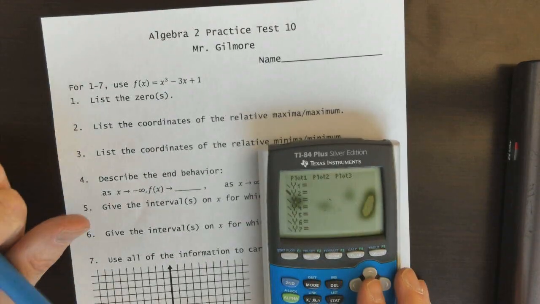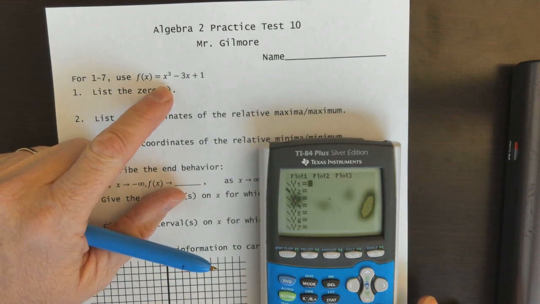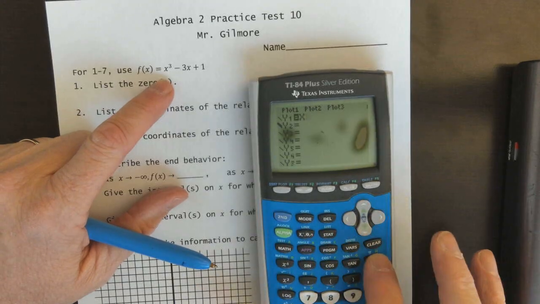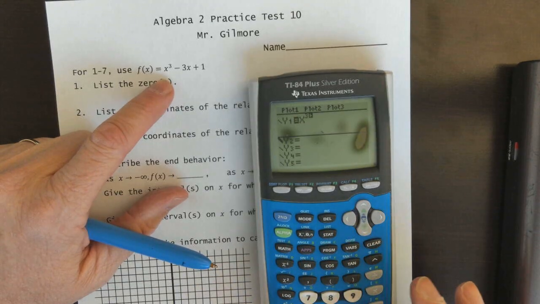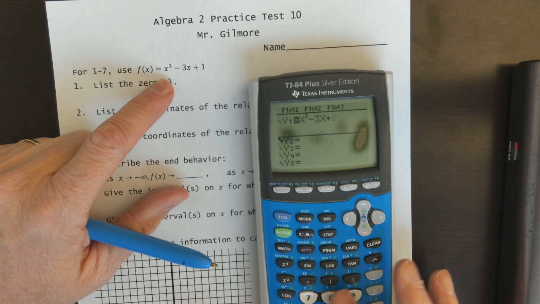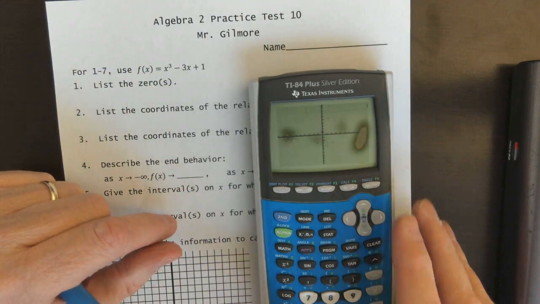All right, y equals x to the third minus 3x plus 1. All right, I'm going to graph that.